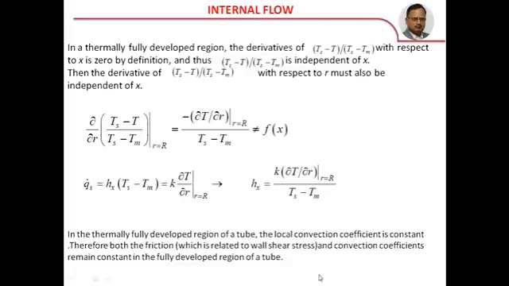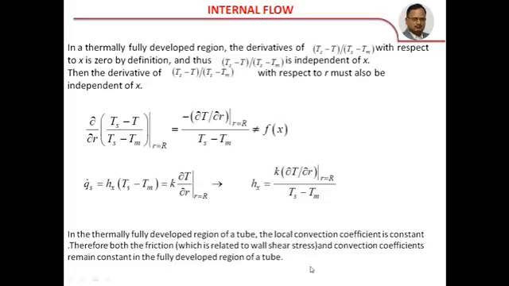Therefore, both friction, which is related to wall shear stress, and convection coefficient H remain constant all along the length of the pipe in a fully developed region of the tube. Very important. See, the Reynolds number is calculated using the formula Vd by nu.